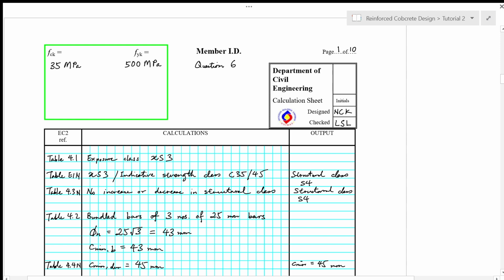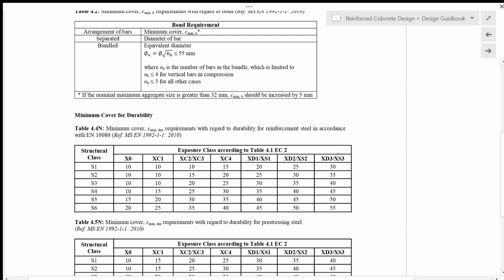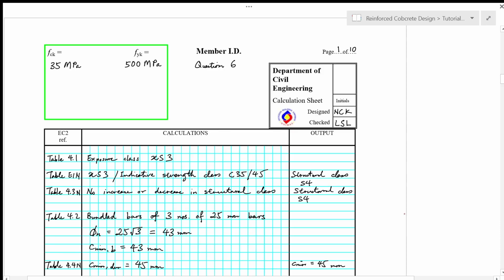And then from table 4.4N, for exposure class XS3 and also structural class S4, we have Cmin,dur of 45 mm. So Cmin,dur is 45 mm. So comparing Cmin,b and Cmin,dur, Cmin is 45 mm.